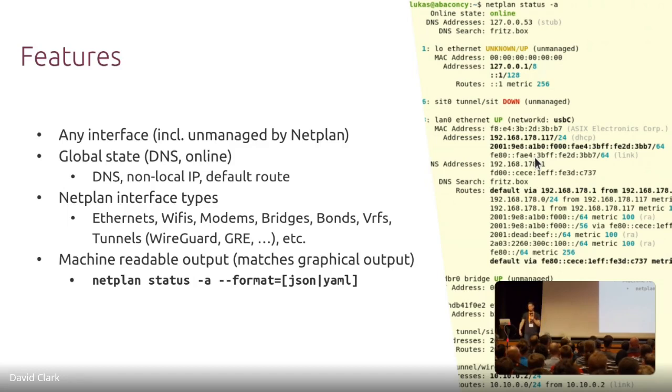It supports the common interface types like Ethernets, Wi-Fis, modems, bridges, WireGuard tunnels, etc. In addition to displaying the information in a human-readable, nicely formatted way on the terminal, it allows you to have that same data readily available in JSON or YAML output, like machine-readable output, which can easily be consumed by third-party applications.